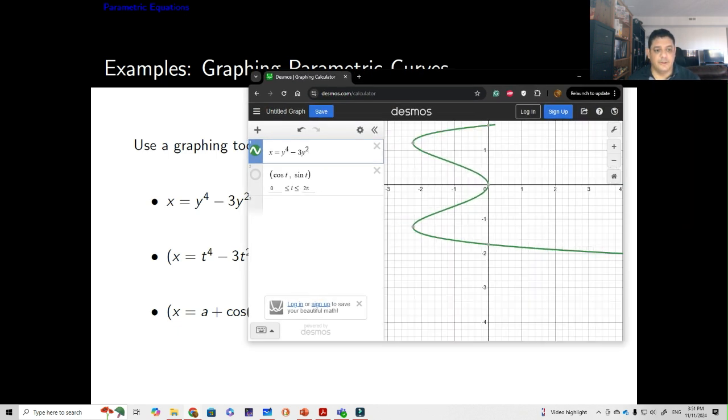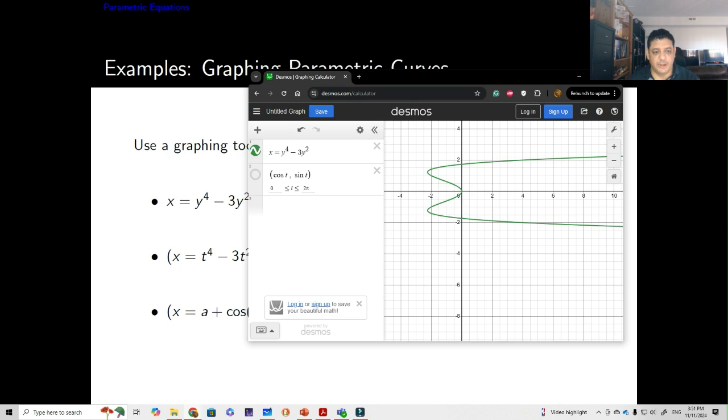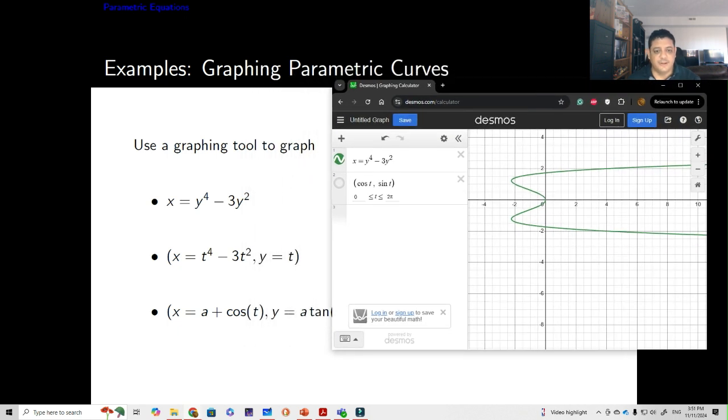And so you notice that this is the curve that we have over here. And now we're going to see that we can have the same curve, but with parameters.